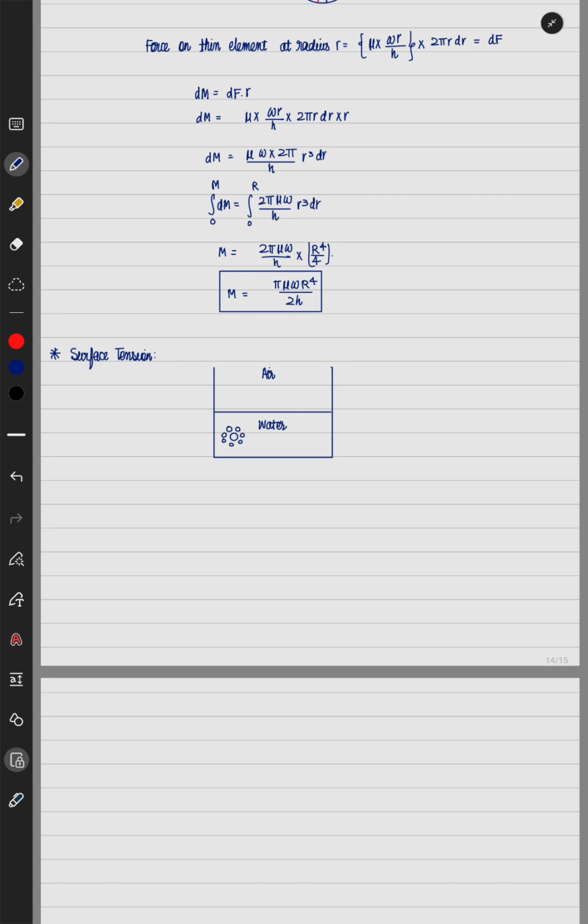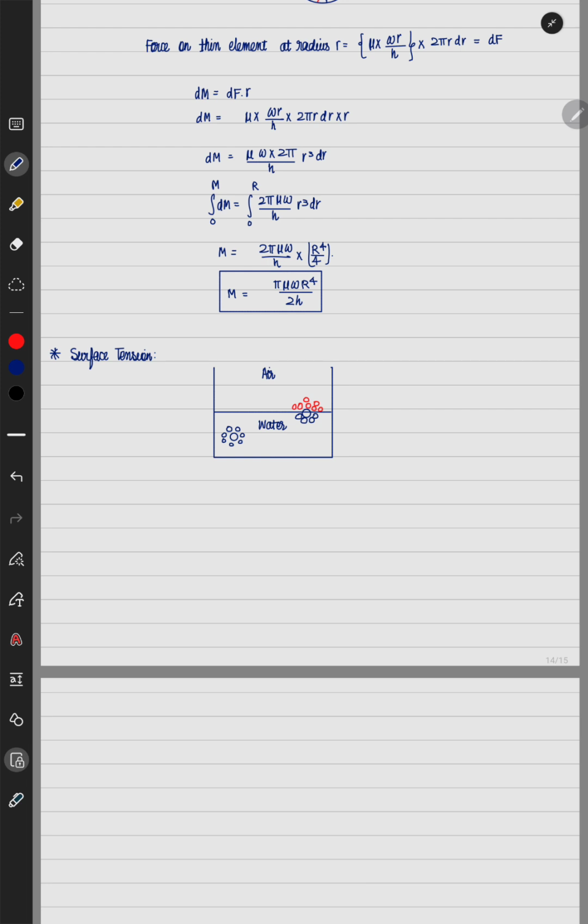But if I move to the surface, suppose a water molecule is placed at the surface, it will encounter some interaction from the bottom, because there are water molecules below it, and at the top it will have air molecules, which may contain oxygen, nitrogen, hydrogen, anything. So the interaction will be very different from the top and from the bottom, because it is exposed to a different ambient. It is not exposed to water molecules from all sides, as was the case with the first molecule.